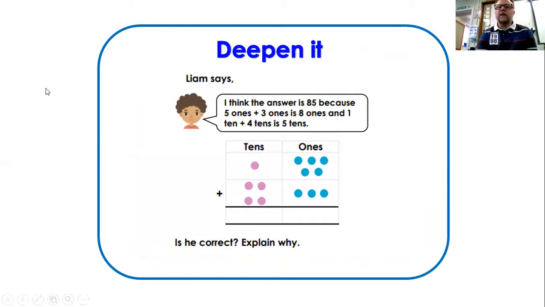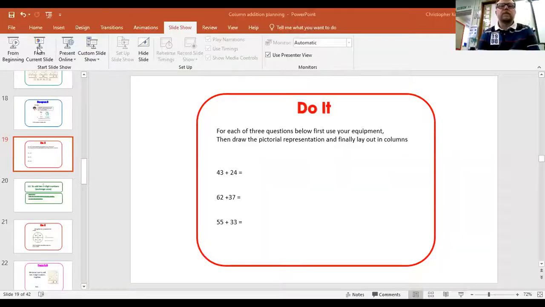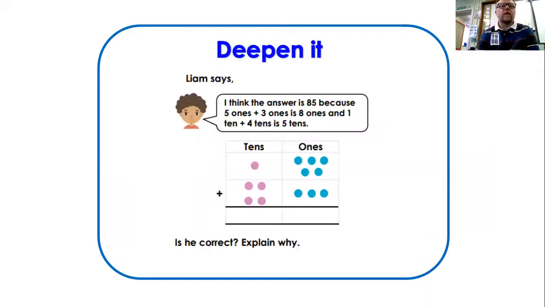I'm going to stop sharing this. I'm going to pause the video and see if I can find the do it slide to stick on. Do it slide was just in the wrong order, so I've managed to find it. I'm just going to pop it on the screen if you're not actually printing out the sheet. Oh, and it's still missing.